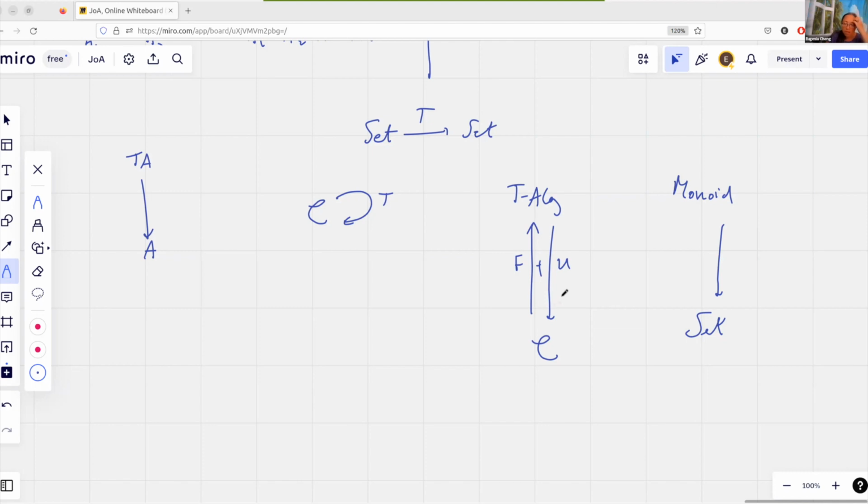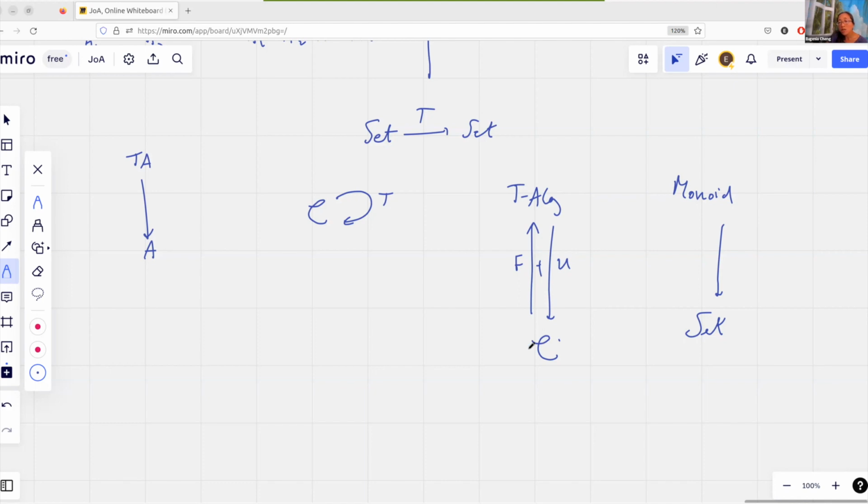So that means that if something is a limit in here, then when you do the forgetful functor on it, it has to still be the limit here, which means that if you're looking for products of algebras, you can simply say, well, once I apply the forgetful functor to them, it has to be the product down here.